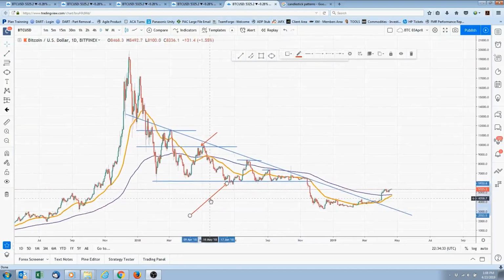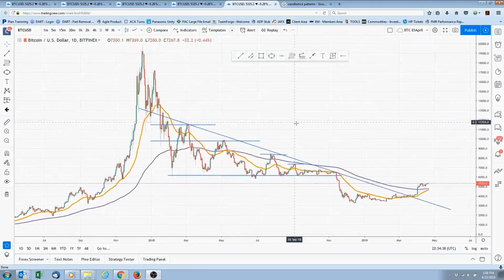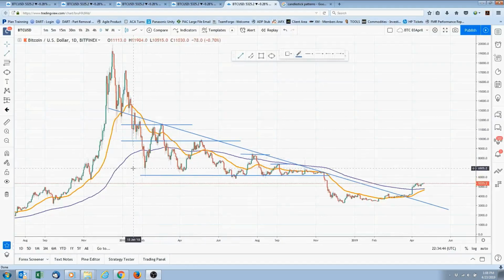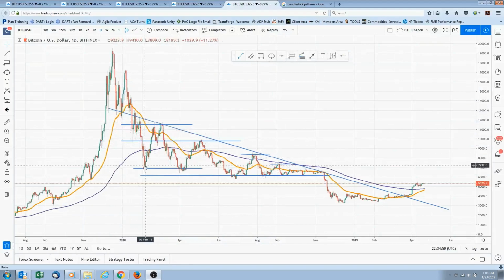Okay, so I'm going to remove these lines now. So you can see that there's a little resistance area here. Okay, so that's it. Right now you can see that price came down, found support right here, jumped back up, found support here, hit resistance, and came back down, found support, came back up, hit resistance, and fell right down.